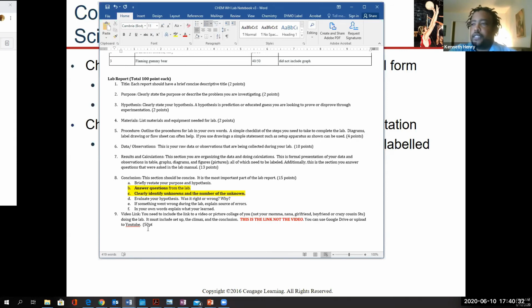If you did not do this via Zoom, like our Zoom meetings normally, and you did it on your own, and sometimes you may have to do it on your own, you need to give me a link to a video. Don't upload the video, right? Don't upload the video onto Canvas, because when you upload the video onto Canvas, they get so big and I don't get a chance to open Canvas.